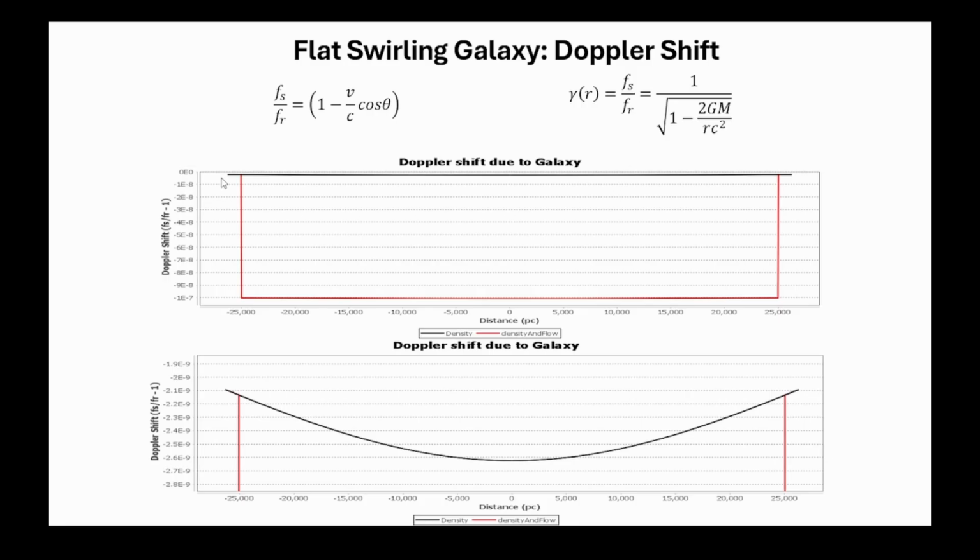We'd expect that the redshift or Doppler shift due to gravitational effects would be basically the same coming in and going out, which we kind of see. So the black line is just gamma. And this little curve here is purely due to the density, the mass of the galaxy.